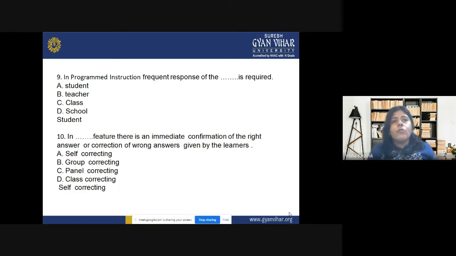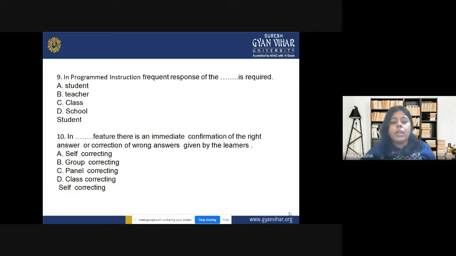So, we are talking about which feature of linear programming, and that feature is giving an immediate confirmation of whether a correct answer is given by the learner, or if he has given a wrong answer, then he is given the opportunity to correct that wrong answer.